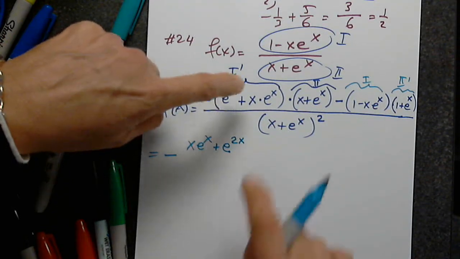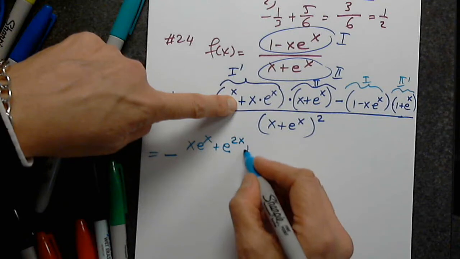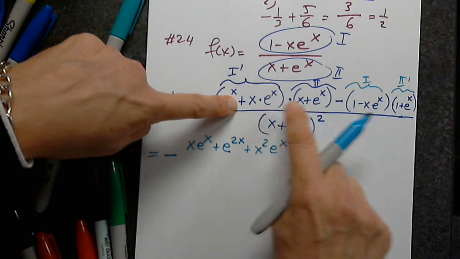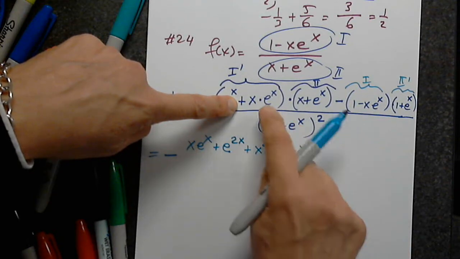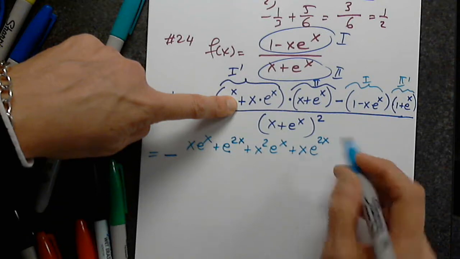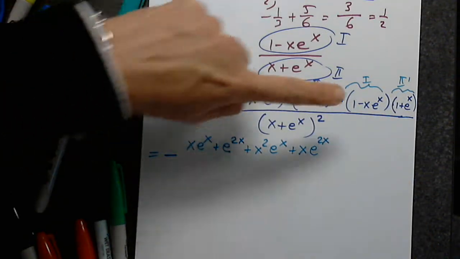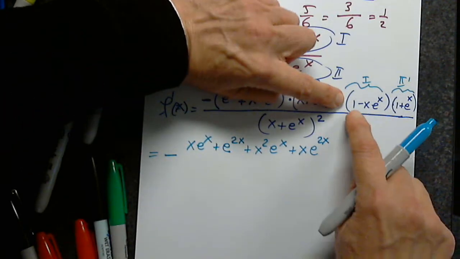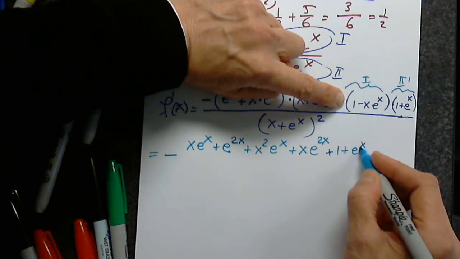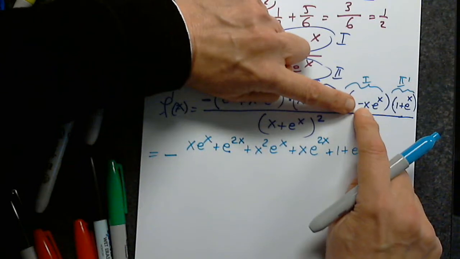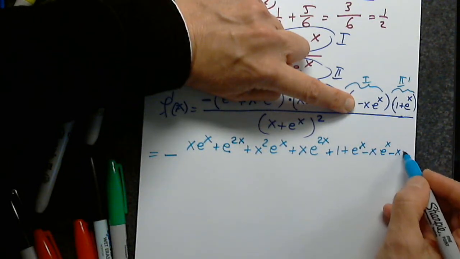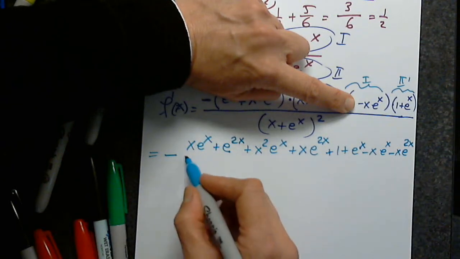Then I multiply these two, and I say plus x squared e to the x. Then I multiply these two. X e to the x times e to the x is e to 2x. Remember, we changed this into plus. So plus 1 plus e to the x. This has to stay as negative. Minus x e to the x and minus x e to 2x.